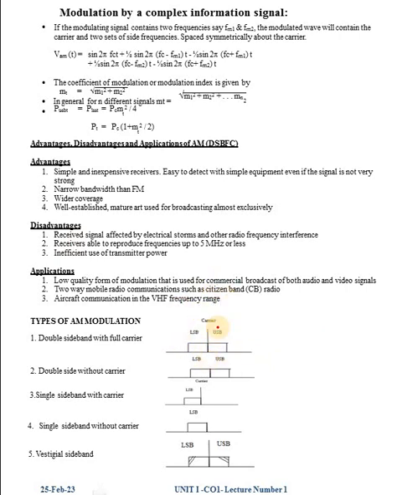In double sideband with full carrier, we have one carrier, one USB and one LSB. In double sideband suppressed carrier, we have two sidebands but no carrier. In SSB, only one sideband is considered for transmission, either LSB or USB. Single sideband without carrier is without the carrier. In vestigial sideband, one of the sidebands is considered, and part of the remaining sideband is sent along for transmission. That is nothing but vestigial sideband.